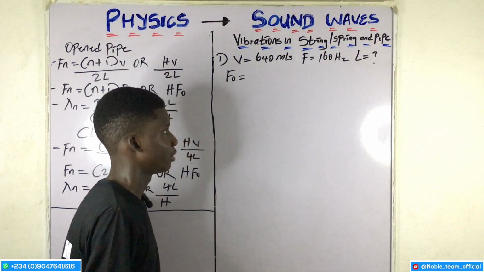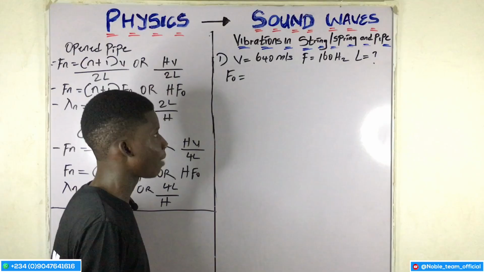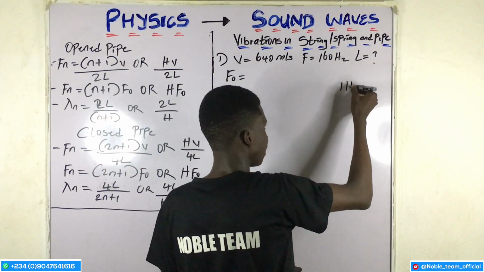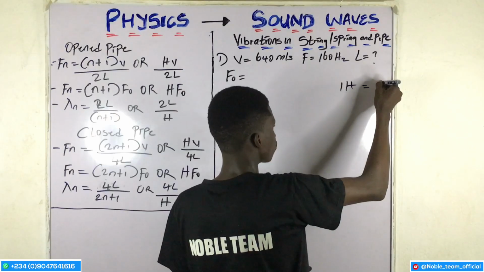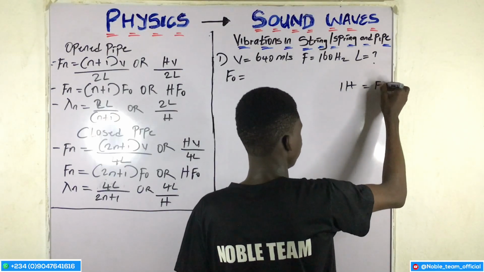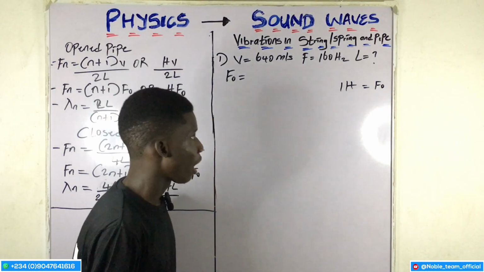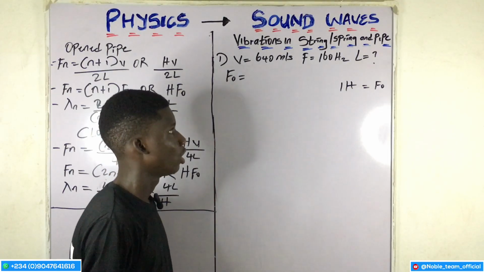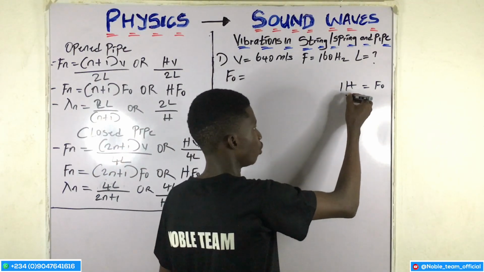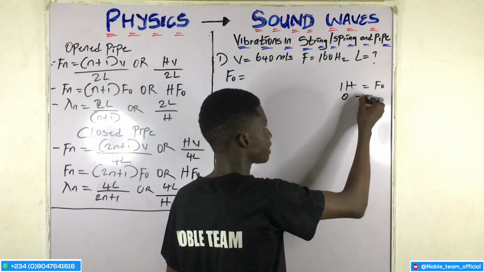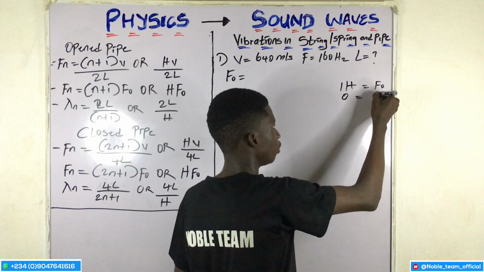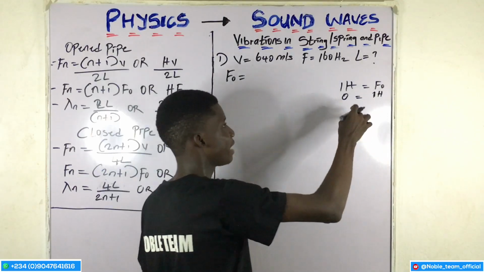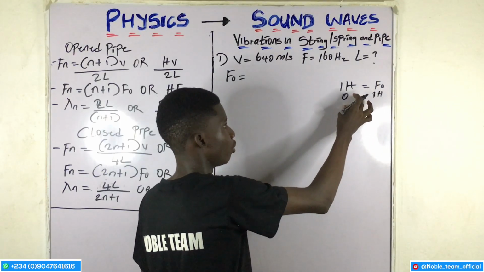Now listen, when I was explaining harmonic, I said that the first harmonic is equivalent to the fundamental frequency. And when I was explaining overtone, I said that overtone 0 is like saying 1 harmonic, because it's the next higher level of this.